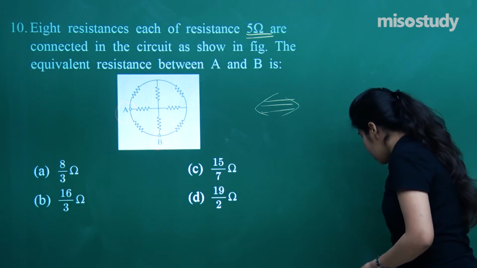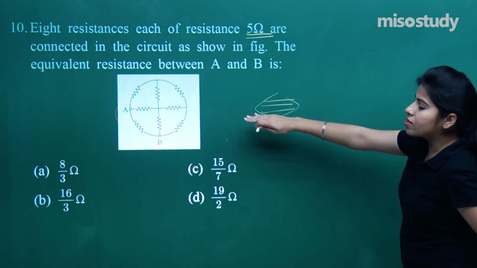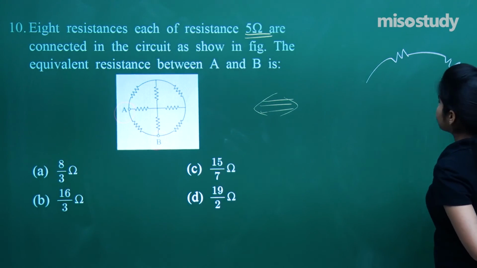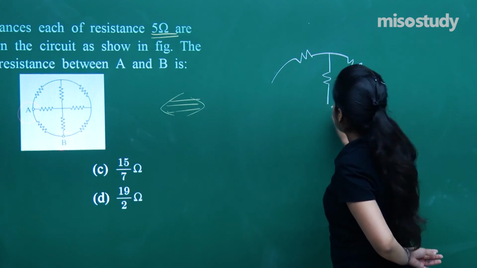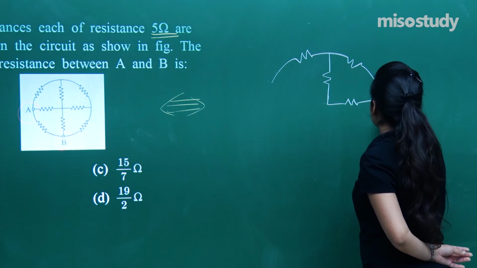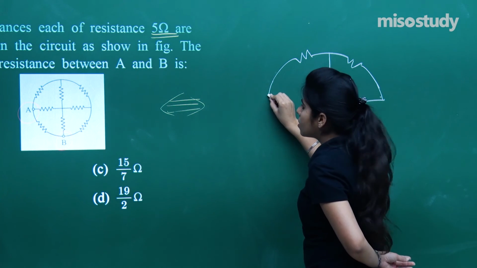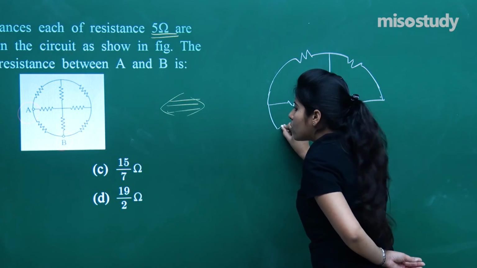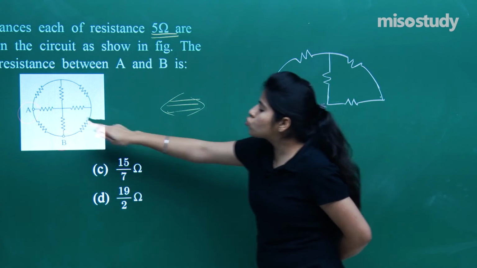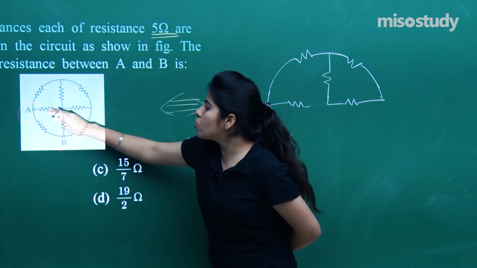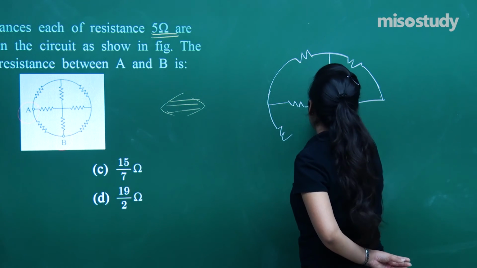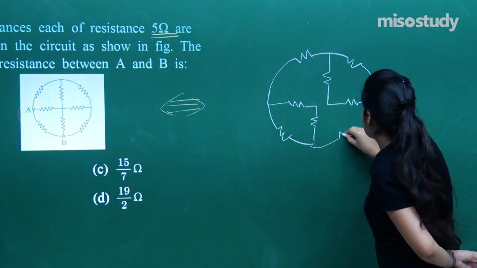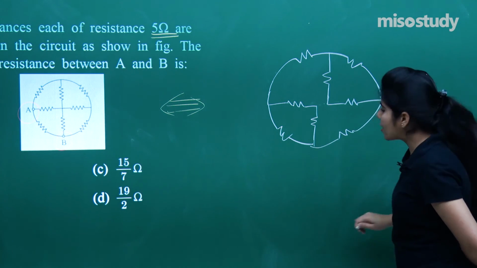Now I am going to convert it. You can just simplify this circuit like this. Alright, so now what you can see over here, because these 2 points are joined, if I remove this junction from here like this, I have my circuit like this.